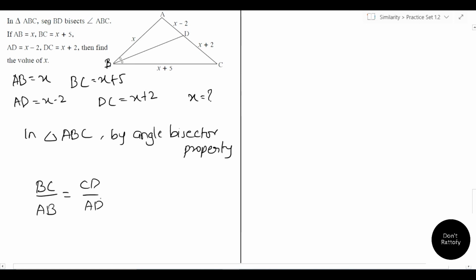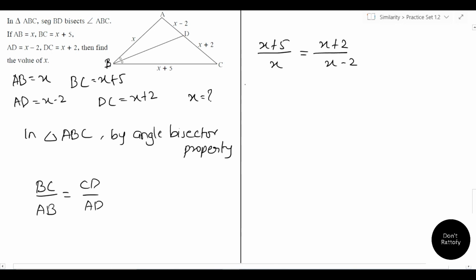By the angle bisector property I can say this. Instead of BC I have x plus 5, so I will write x plus 5 upon, instead of AB I have x, so I will write x here, is equal to, instead of CD I have x plus 2, and instead of AD I have x minus 2.